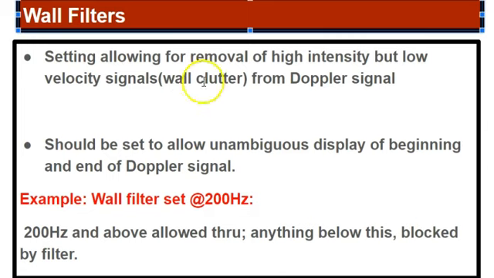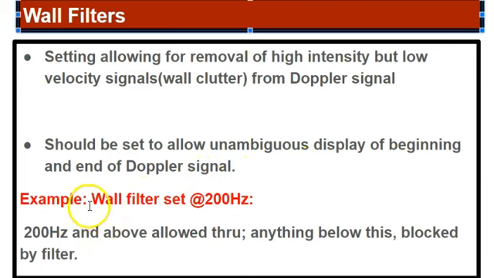Those heart wall signals are intense, but they're low velocity. They're not like Doppler, so we don't want those in our Doppler signal. These wall filters are able to filter out those high intensity signals. It should be set to allow unambiguous display of the beginning and end of our Doppler signal.